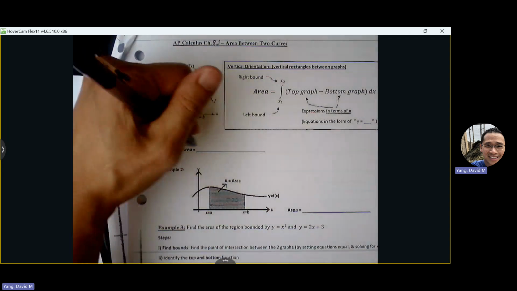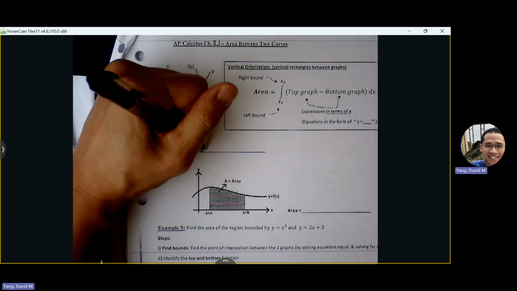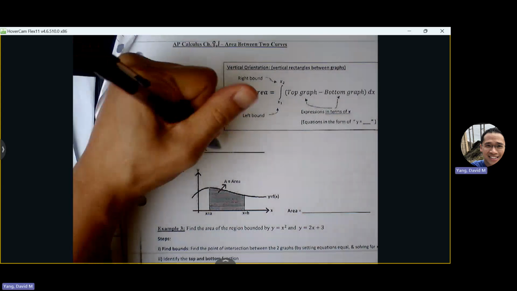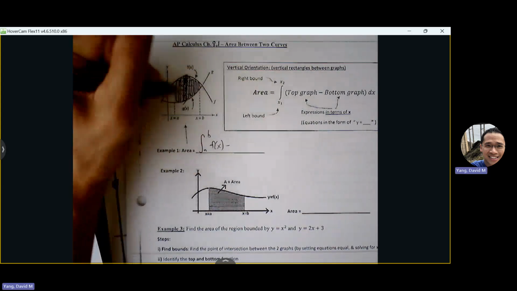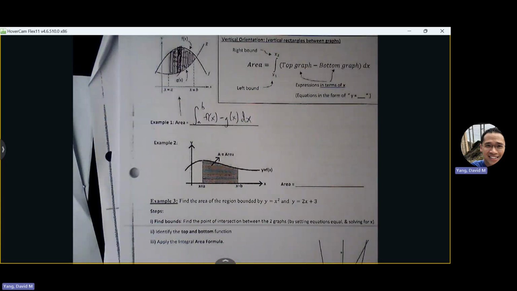So for example 1, the way we can set this up, if I want to find that shaded region, I can say the integral from a to b, top is f, bottom is g. So integral from a to b of f of x minus g of x. This will ensure that we're always getting positive numbers in return, and we're never getting a negative number.